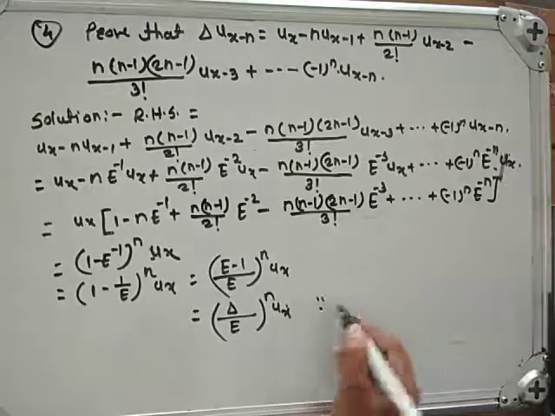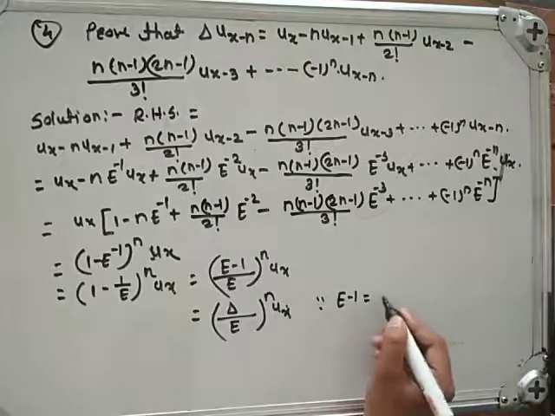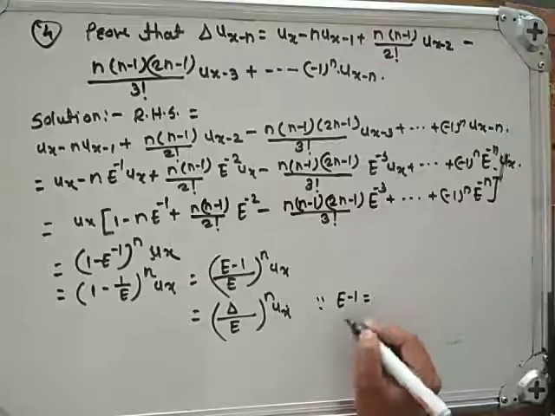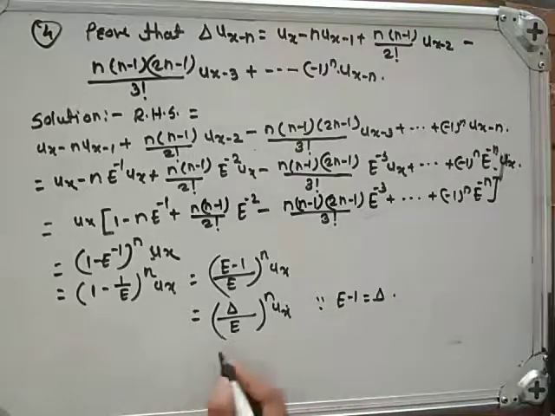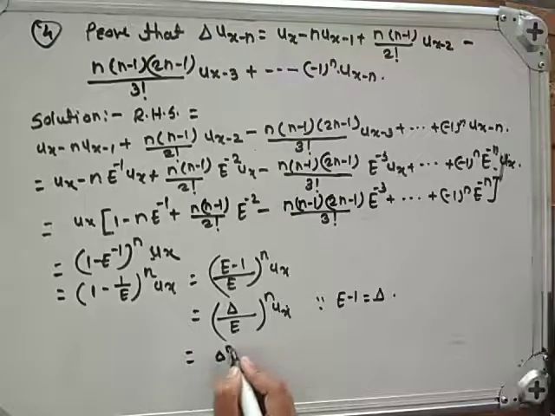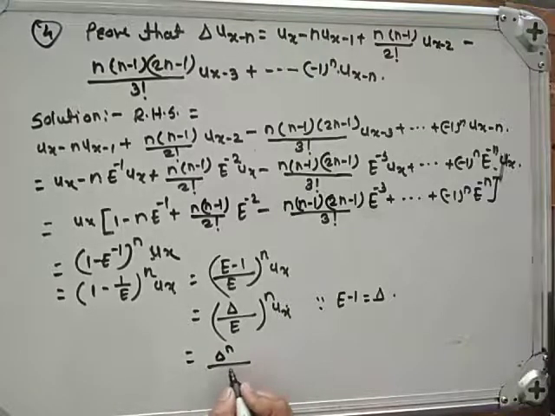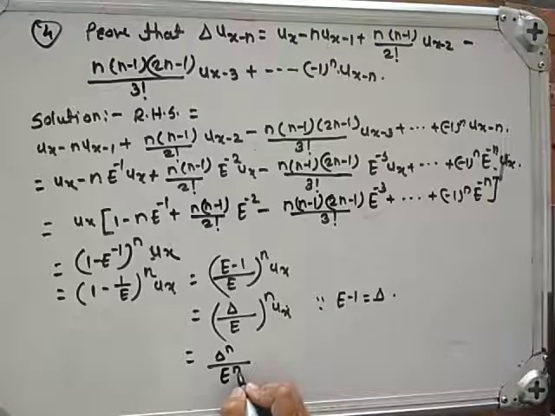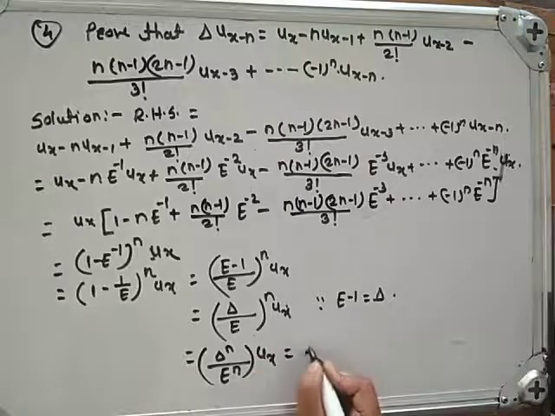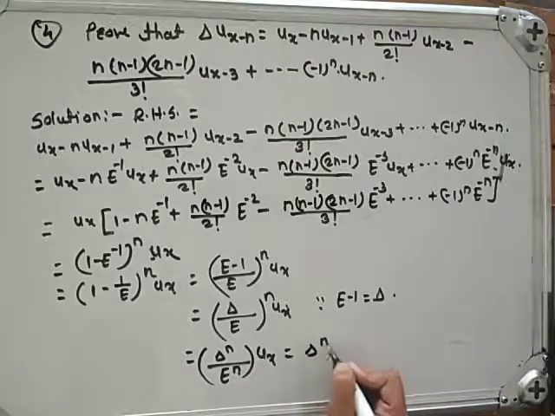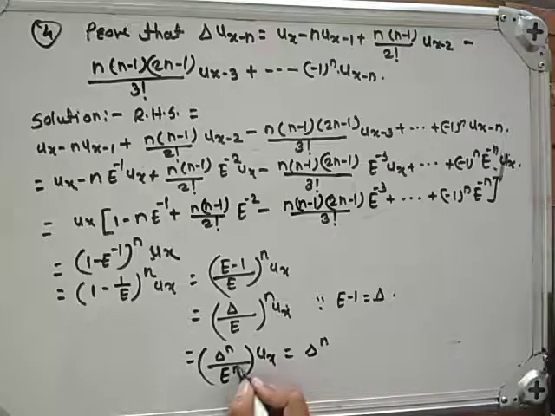Okay, since e minus 1 is equal to delta, this can be written as delta raised to n upon e raised to n into u_x, which is equal to delta raised to n into 1 upon e raised to n.